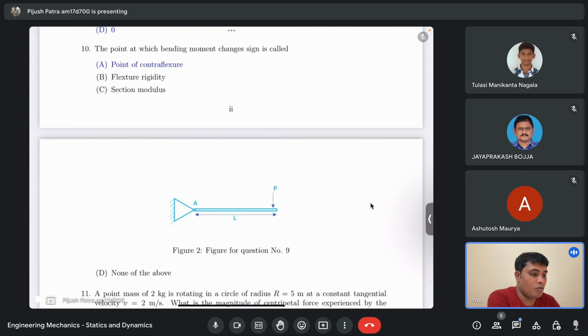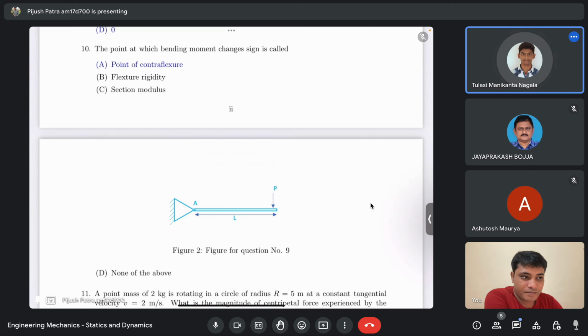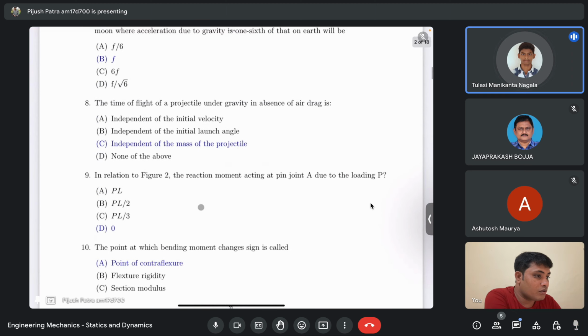So what will be the moment at point A? I have told these things multiple times in previous classes. Anyone? This question will also be there in some of the sets of your answers. Minus PL. Moment, not the force. So minus P into L.